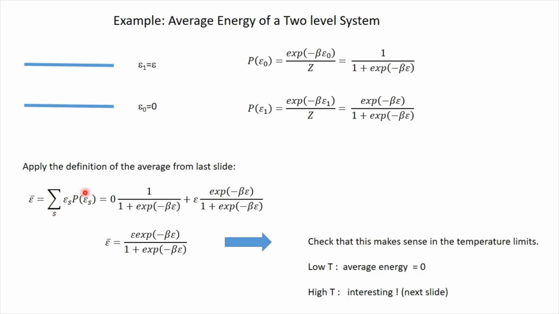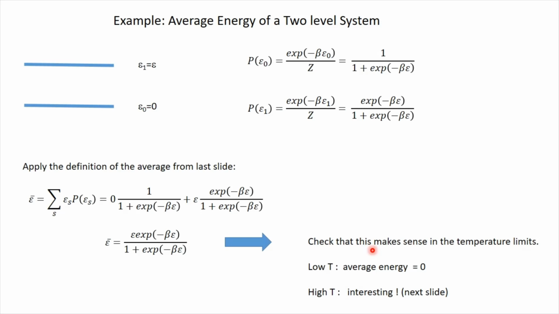The energy of the ground state is 0, so you multiply it through by the probability, you're going to get 0. The energy of the excited state is epsilon, multiplied by the probability, and so the average energy is just epsilon e to the minus beta epsilon divided by the partition function. So it definitely has the right units. Exponentials are dimensionless, denominators are dimensionless, so it's just energy.